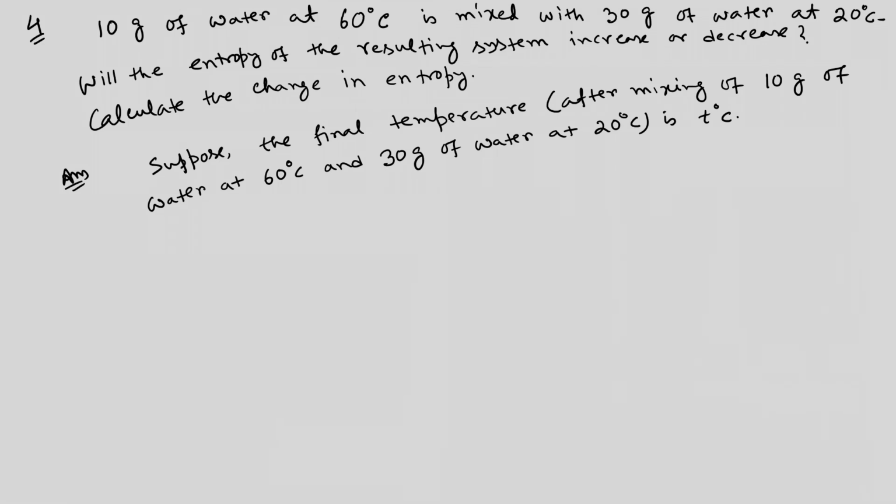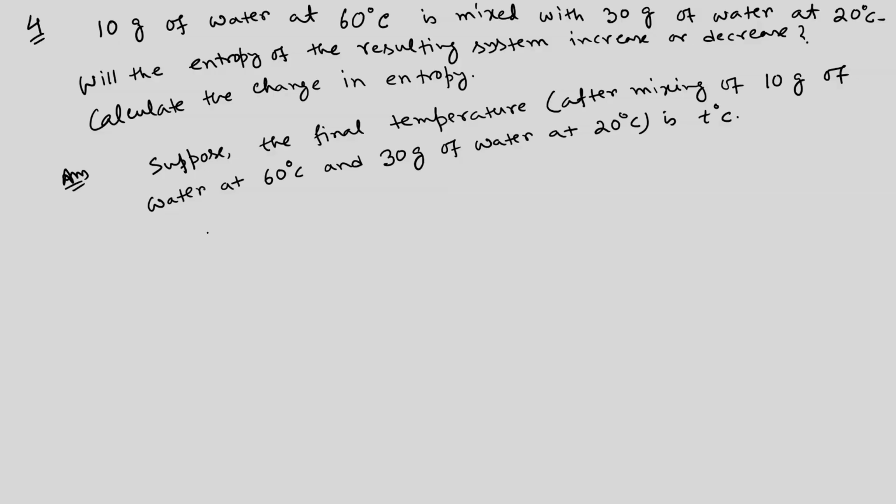So, if we mix 10 gram of water at 60 degrees Celsius with 30 gram of water at 20 degrees Celsius, the temperature of the 10 gram of water will decrease. Similarly, the temperature of the 30 gram of water will increase.